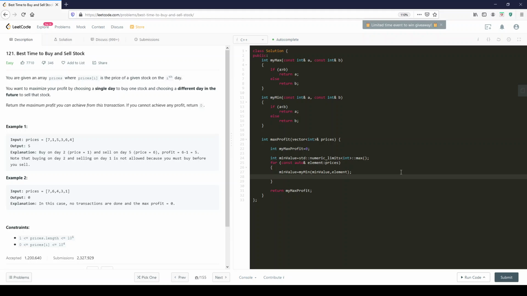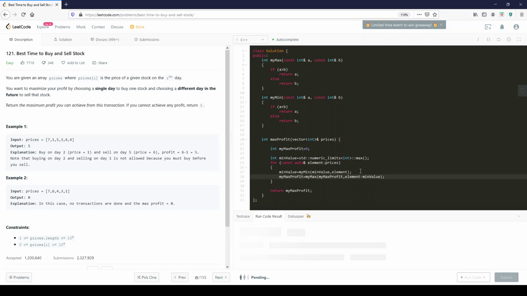And then my max profit equals my max between my max profit so far and the current element minus min value. And I think that should be it.